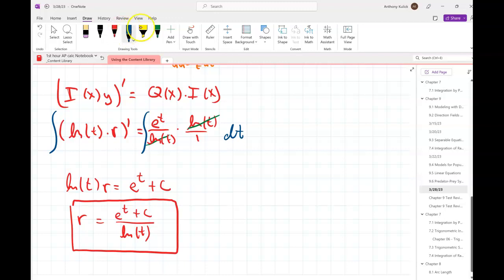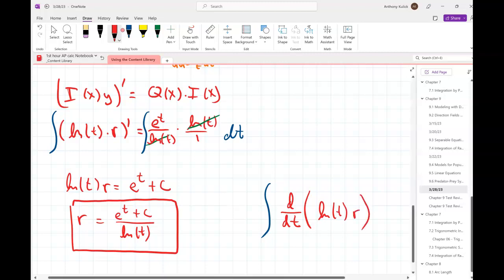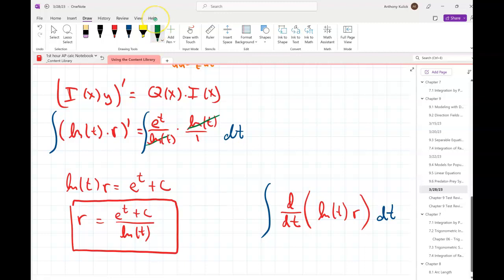Okay, so what we're really writing here, let me write it a different way. This is really what we have there. Oops, I don't write the dt. Now the fundamental rule of calculus says that an integral and a derivative are inverse operations of each other.